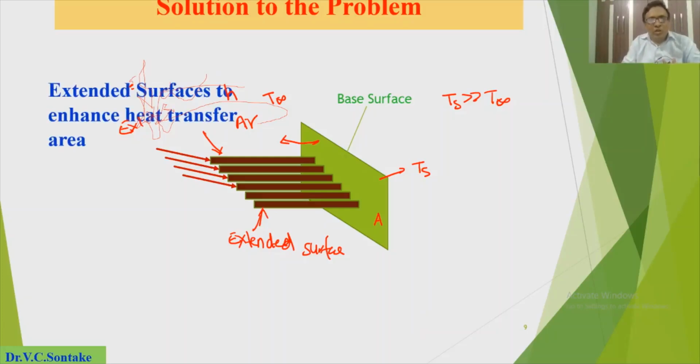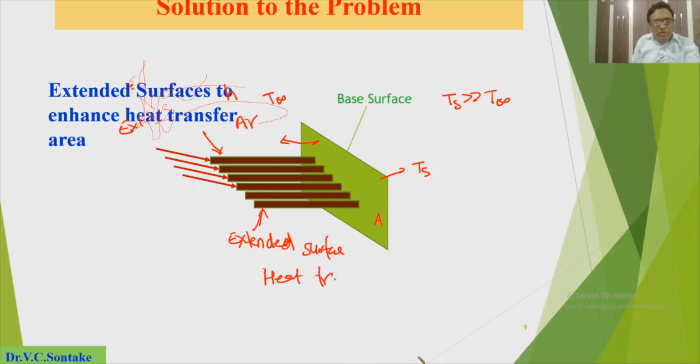So what they do actually, these extended surfaces enhance the surface area required to enhance heat transfer rate without changing the original or geometrical surface area of the base surface. Okay, so what will these extended surfaces be doing? They will be increasing the area available for heat transfer.